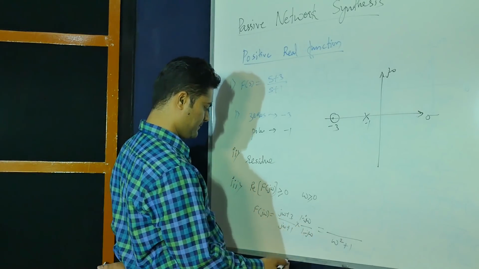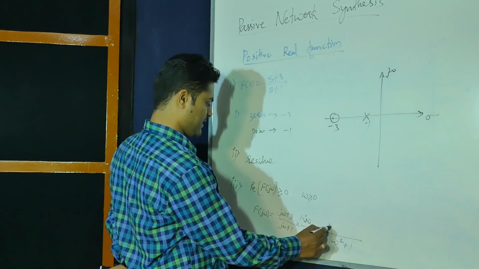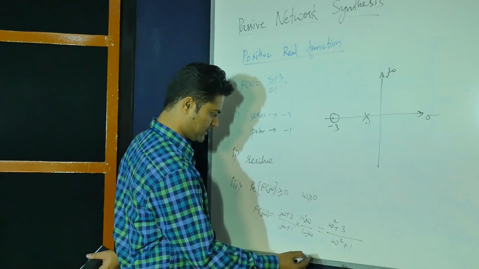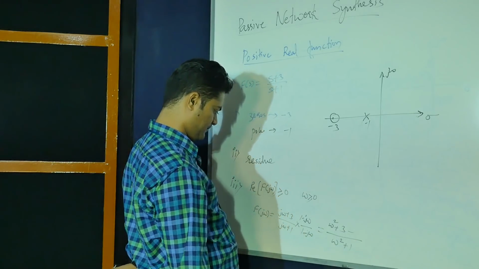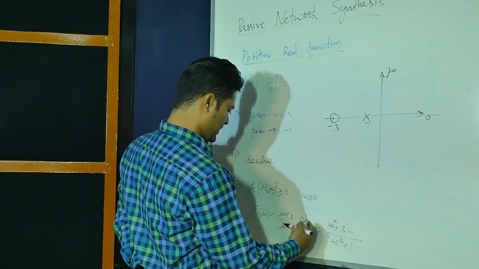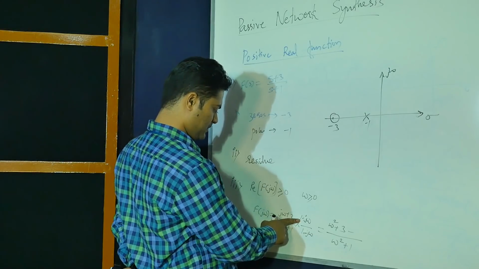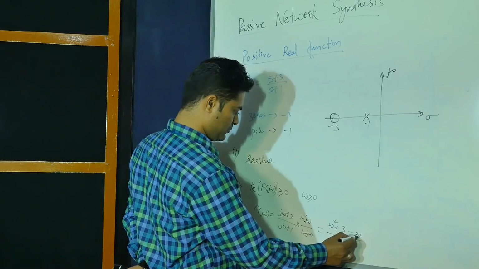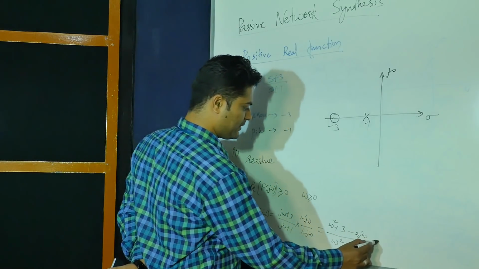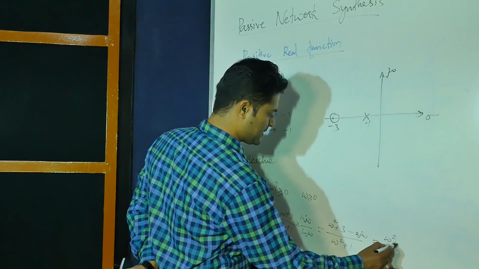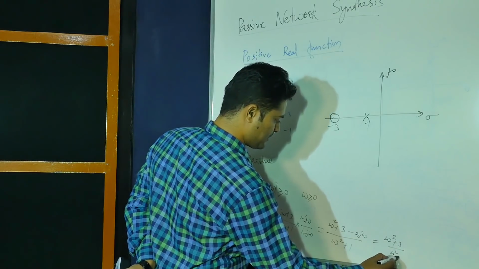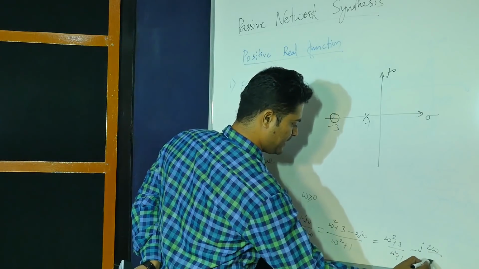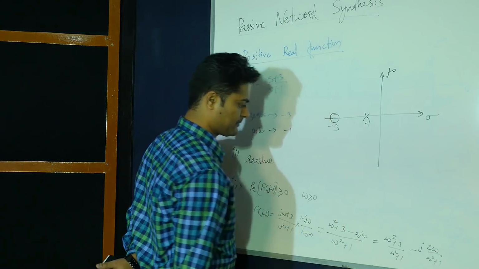In the numerator, omega square plus 3, this is the real part, minus j omega minus 3 j omega, so it is minus 2 j omega. So the real part of this is omega square plus 3 divided by omega square plus 1, and the imaginary part is 2 omega by omega square plus 1.